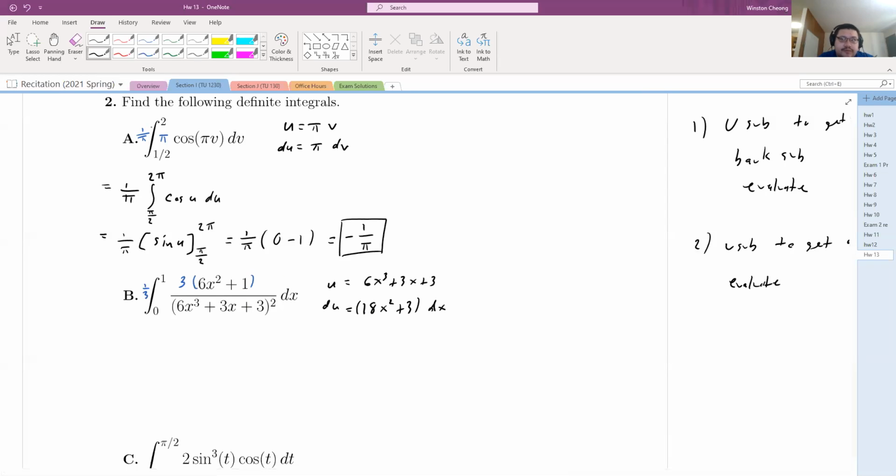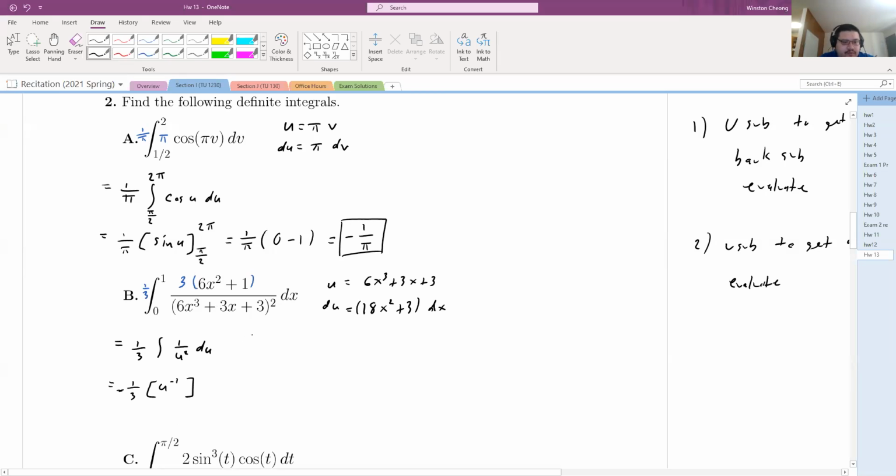And so now when we perform the u substitution, converting over to the u world, this is going to become 1 over u squared du, which you can just integrate. That's u to the negative first, with a negative, so I guess I'll put the negative out in front, which we will then have to evaluate.